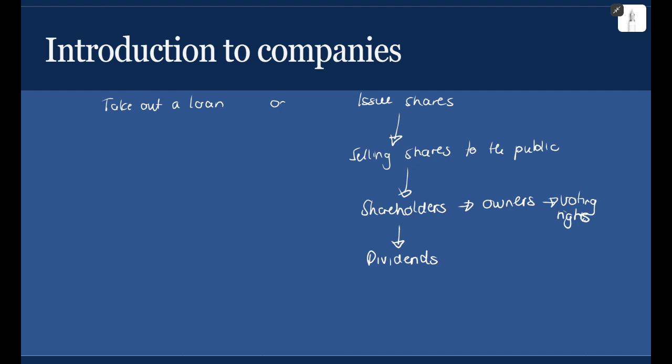Okay, then another thing that we need to understand is that this company, remember that this company, they issue shares to the public. What else do they do? They prepare, like I said in my previous slide, they prepare financial statements. So this company will prepare the income statement, they'll prepare the balance sheet.